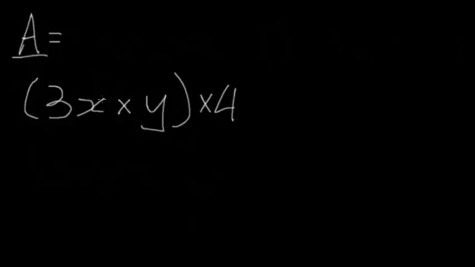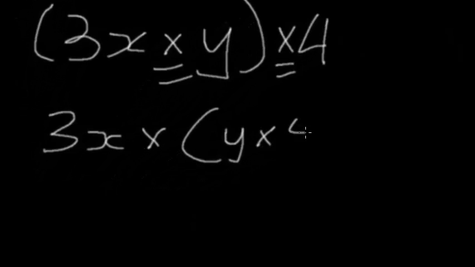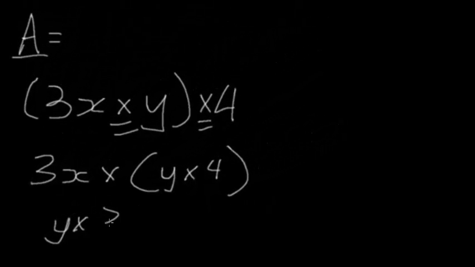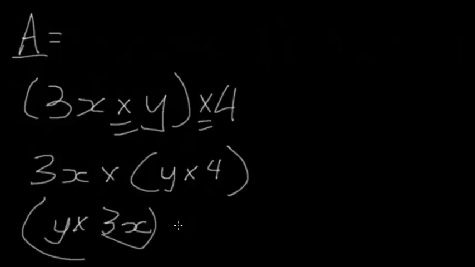This means that the grouping, if they're all multiplied, we can group it to become 3x times y times 4, and the answer of all of this will still stay the same. And we can move the groupings to be y times 3x, right, and multiplied by 4, and so on and so forth.